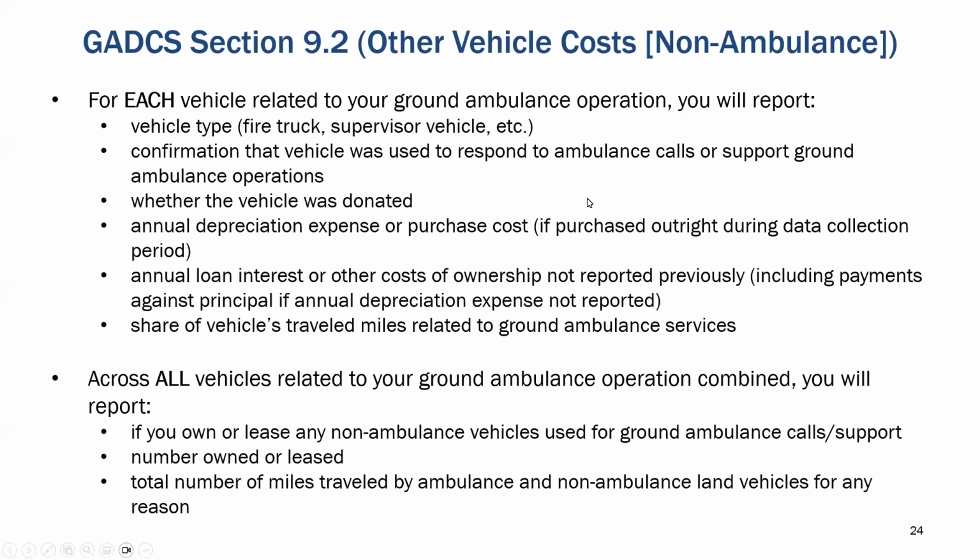If they are, you'll need to report a share of that vehicle's expense that's related to ground ambulance services. And then in section 9.3, you'll report some of these collective costs, like for fuel or maintenance, across all of your vehicles. Here, all of your non-ambulance vehicles.